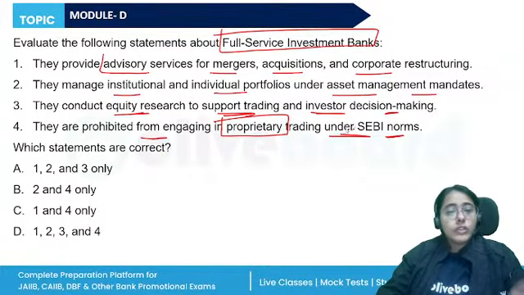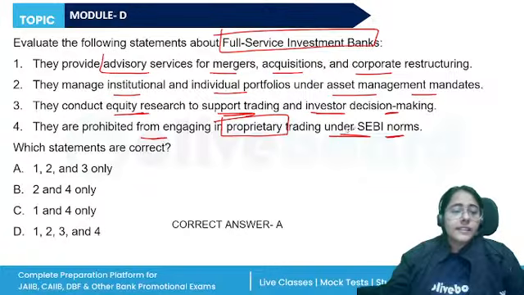So there are two types of investment banking. One is the investment banking division of the bank, right? And second is the investment bank, which is a full service investment bank. So, which of the following statements are correct about the full service investment bank?